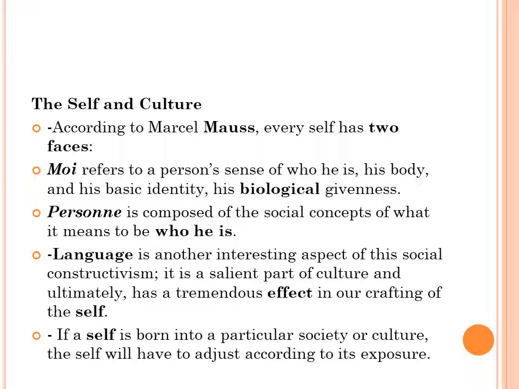So it depends on how society looks at us. So if moi is the biological, person is the social aspect. It focuses on what society tells us. Are we rich, poor, or intelligent? Kind, talented, and many more. So that's the person.